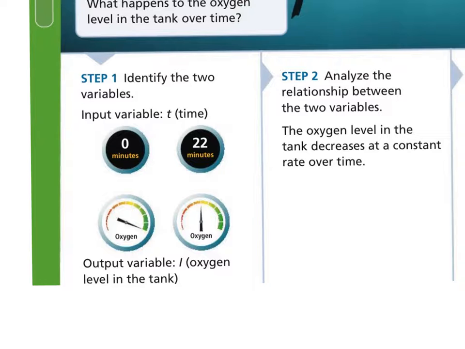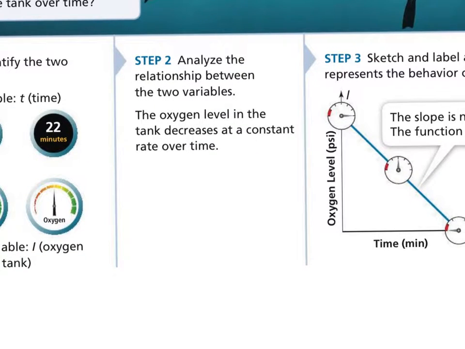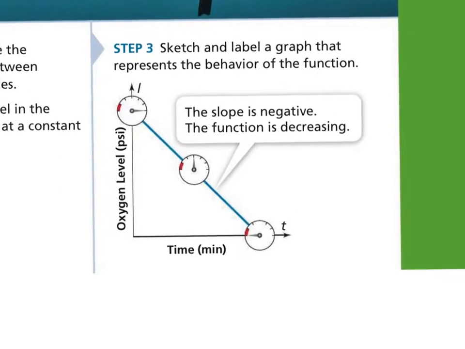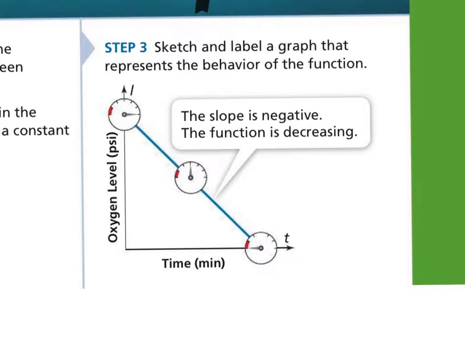So we analyze the relationship. We can see that the oxygen level is decreasing. It should be decreasing at a constant rate, we would suspect. And so they sketched a graph here. They started out at a certain oxygen level, and it's going down. We draw this with a negative slope for our line to show it's decreasing.